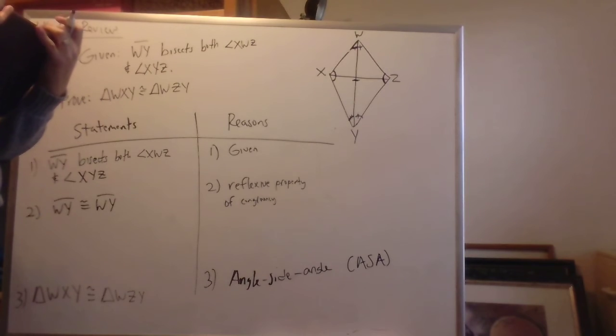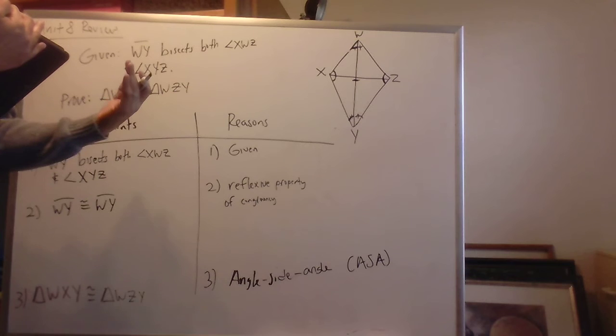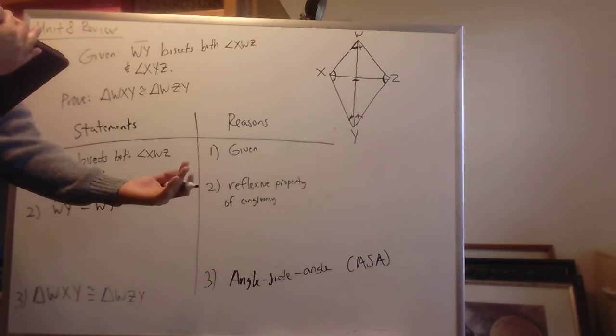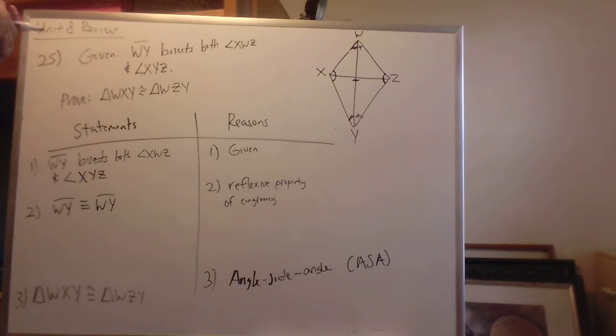There's only a couple that you have to do without videos, but it's because they're identical to the problems that I've already covered in the previous videos. So I just want to go over the last topic to help you with this unit review. So this is problem number 29, 30, 31, and 32.